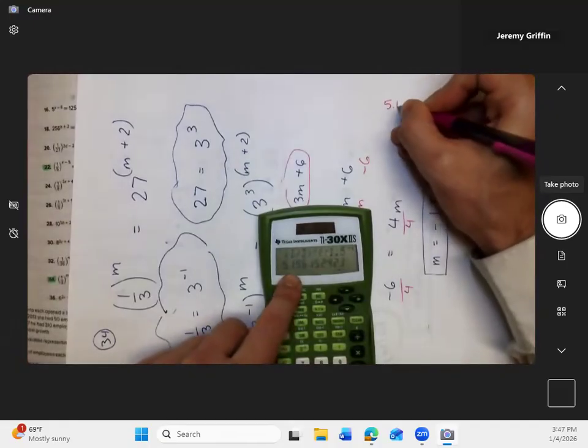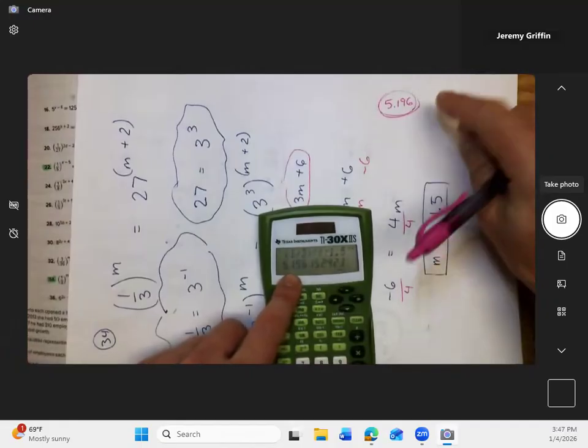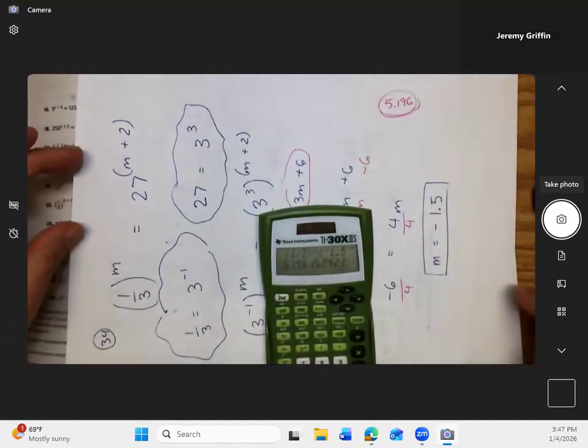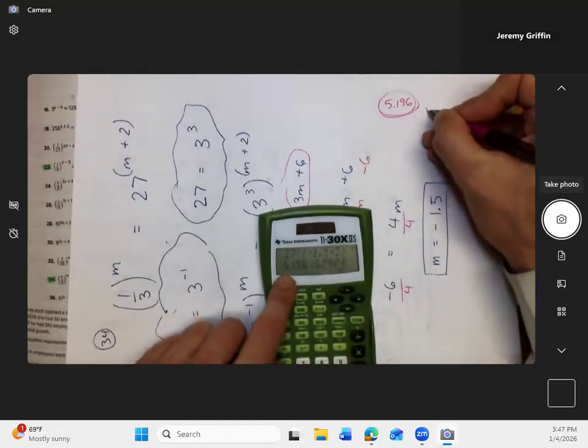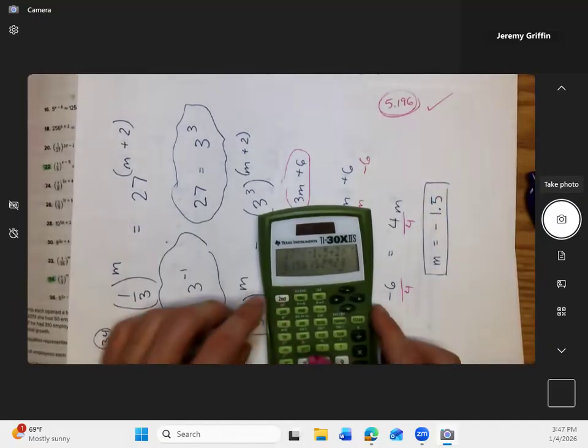I'll jot that down, 5.196. Is that the same as if I plug this in here, 27 to the power of negative 1.5 plus 2? It's the same thing. Oh, good.